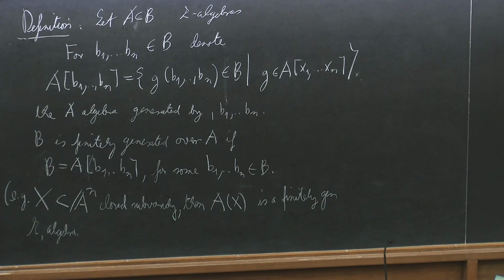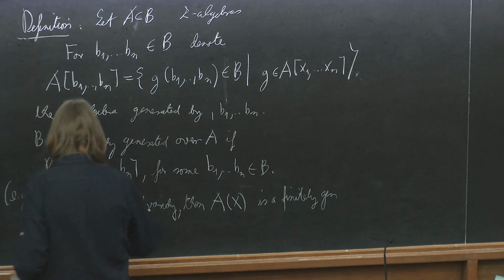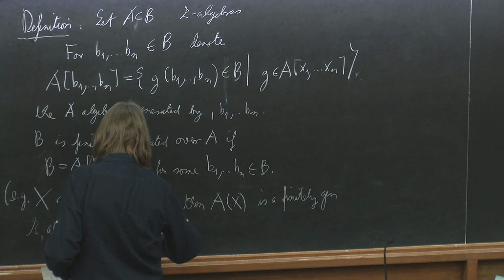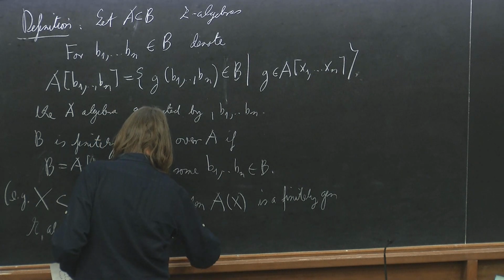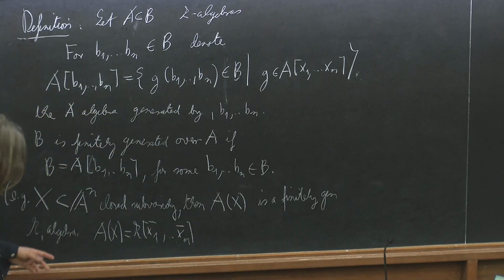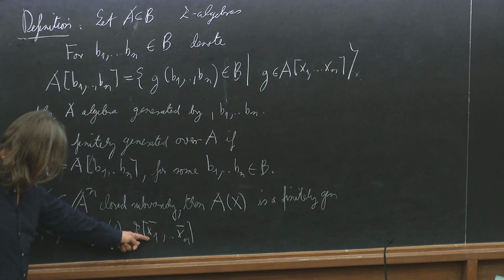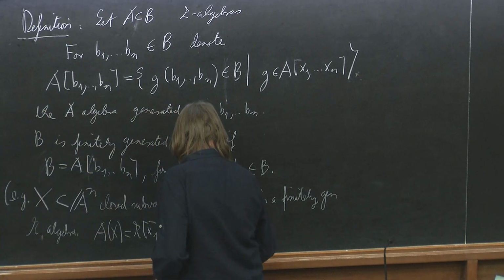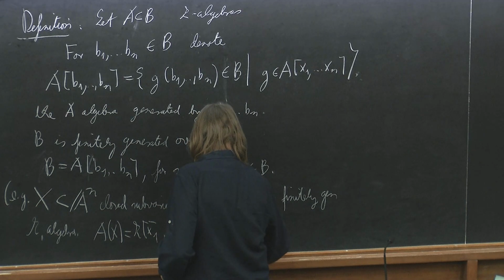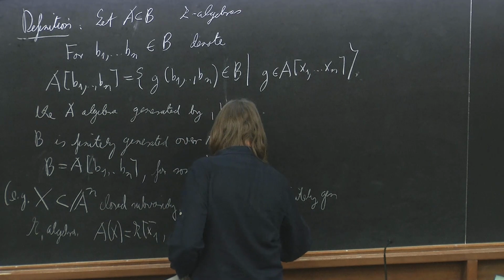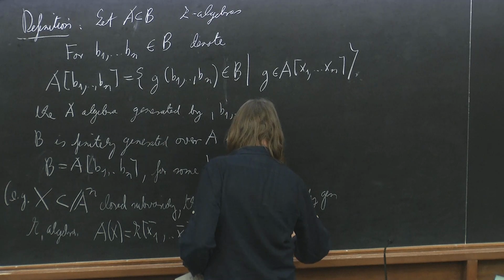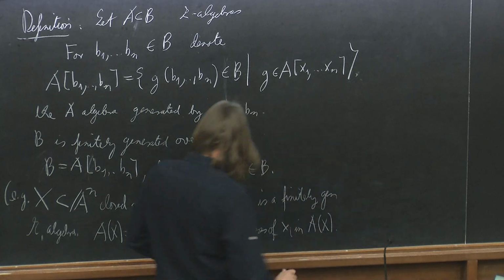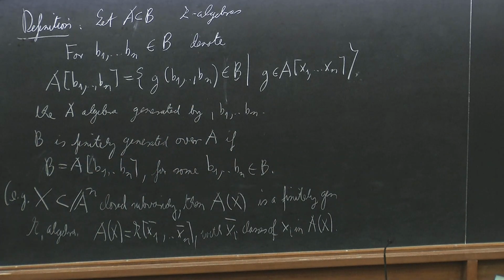Because in fact, A(X) can be written as K[x1 bar, ..., xn bar], where the xi bar are the classes of the coordinates xi in A(X). Now that follows essentially immediately from the definitions.